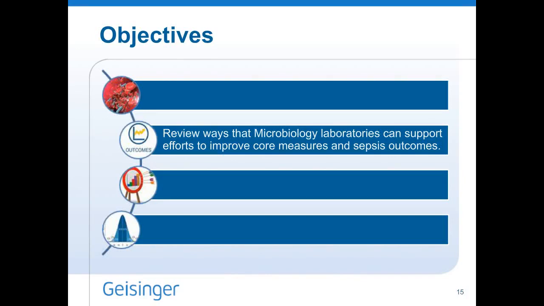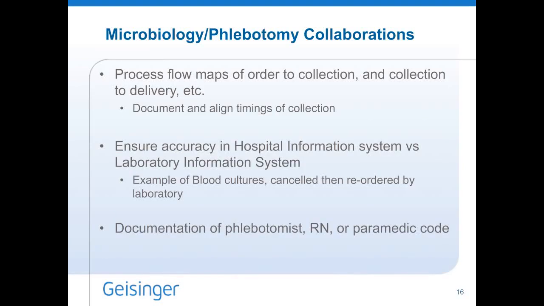Now, what can we do at the local level? Well, at our place, for the past several years, we've been auditing and mapping process flow maps about how blood cultures are ordered, what order sets are available in our hospital information center, how the sepsis bundle is triggered and how physicians and nurses are alerted, how the order goes to phlebotomy, who collect it and deliver it to the laboratory.